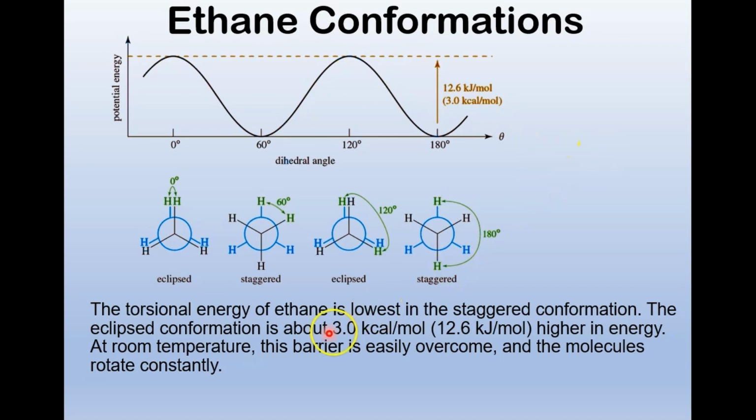So the torsional energy of ethane is lowest in the staggered conformation. At room temperature this barrier is easily overcome by the molecule, and it's rotating constantly.